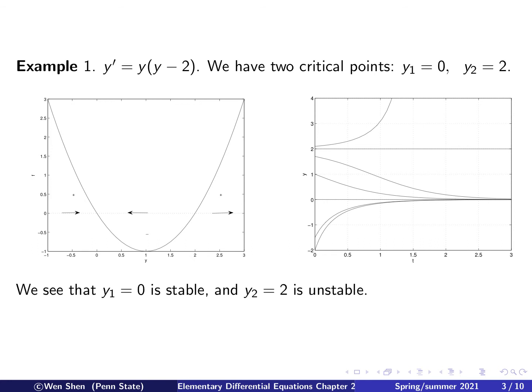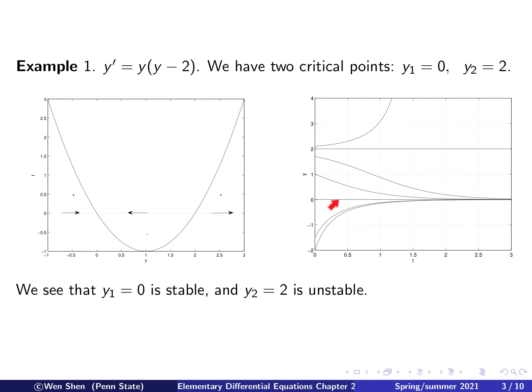So from this example, we see that for the two critical points, y equals 0 and y equals 2, nearby solutions behave very differently. If you are in a small neighborhood around y equals 0, not too far, you see that the solution will return to y equals 0 as time grows and then approach it asymptotically.